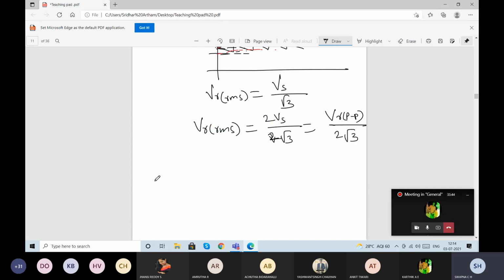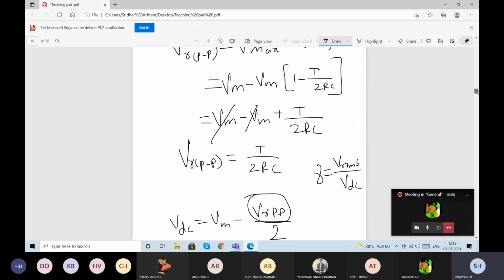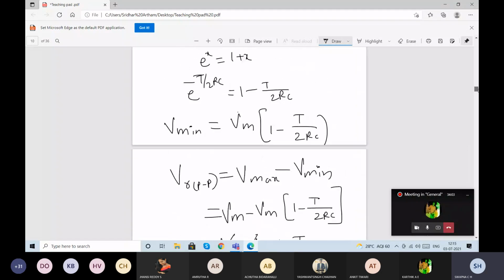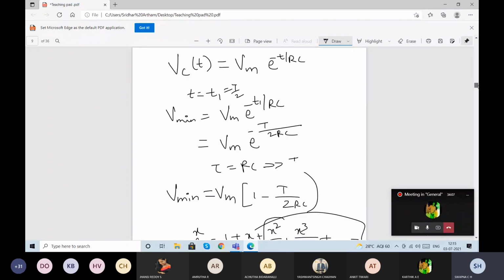So here now you know what is your VR peak to peak for your full wave rectifier. What is that you have got? VM by... what is VR peak to peak? Are you people writing along with me or not? Yes, ma'am.